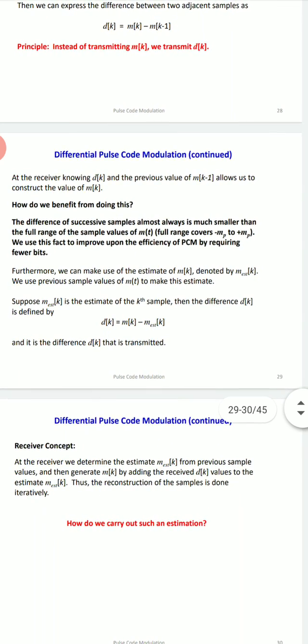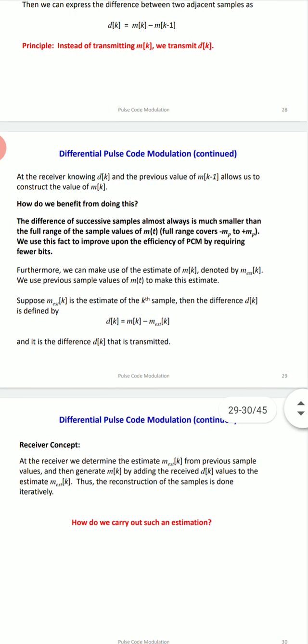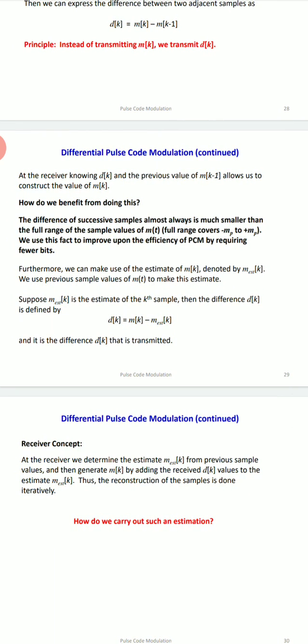The benefit is that the difference between successive samples is almost always much smaller than the full range of sample values of M of t, which is from minus MP to plus MP.